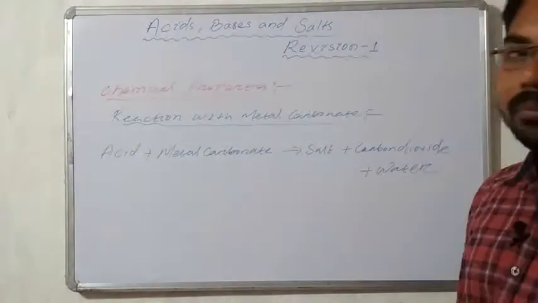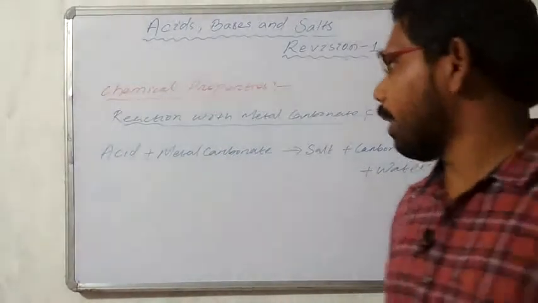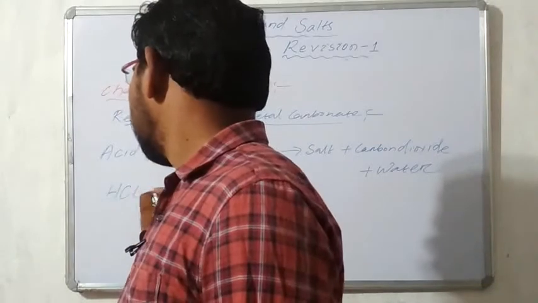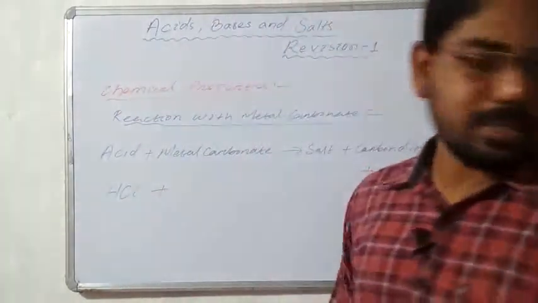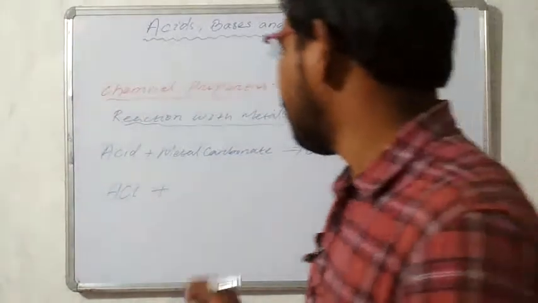We discuss one example. We take the acid HCl and one metal carbonate, calcium carbonate, CaCO3.